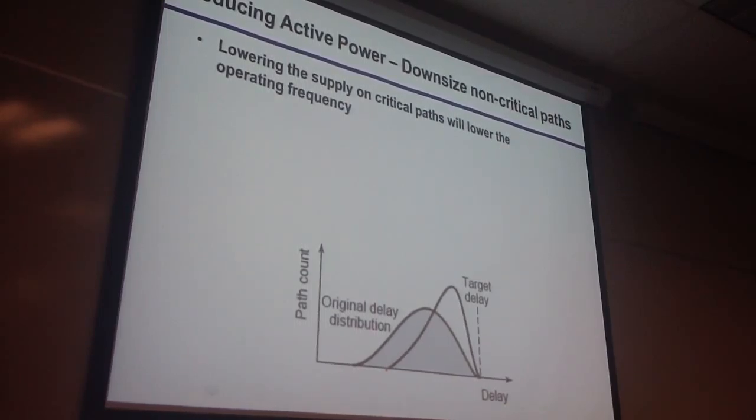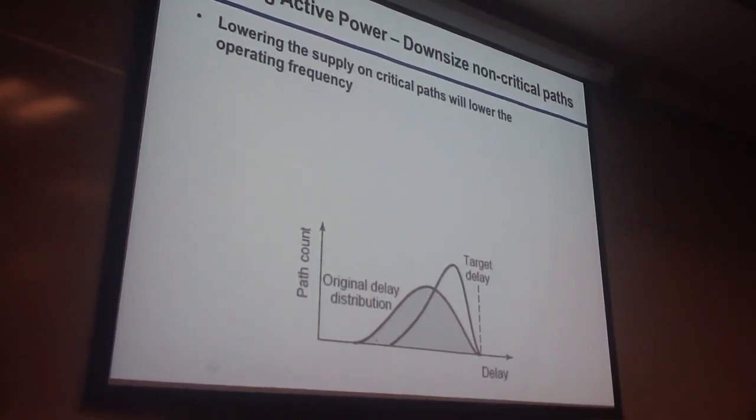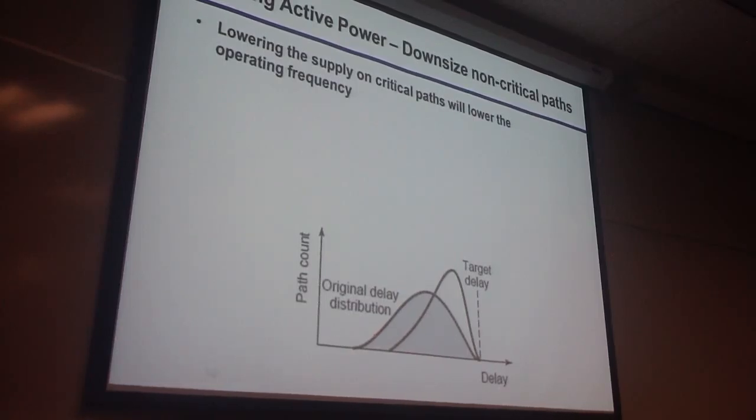Because there's a trade-off between energy and performance, the goal is to actually intentionally slow down the fast paths and gain some energy. Do you understand? So what you want to do is basically push this guy so that the distribution is like this. In fact, the best case is if the distribution is an impulse here. You understand the basic trick?